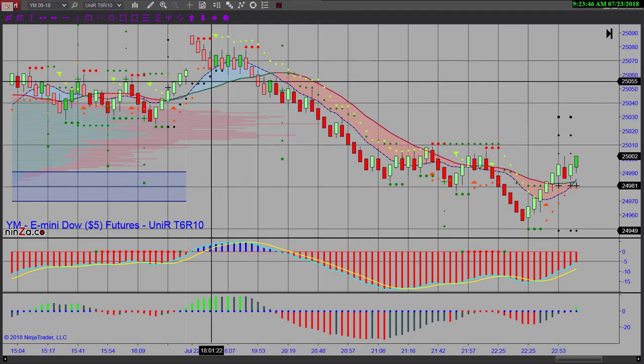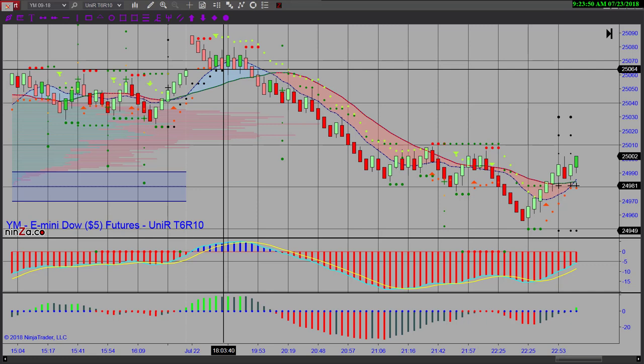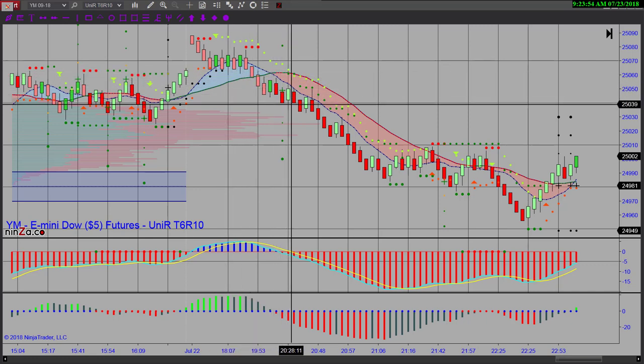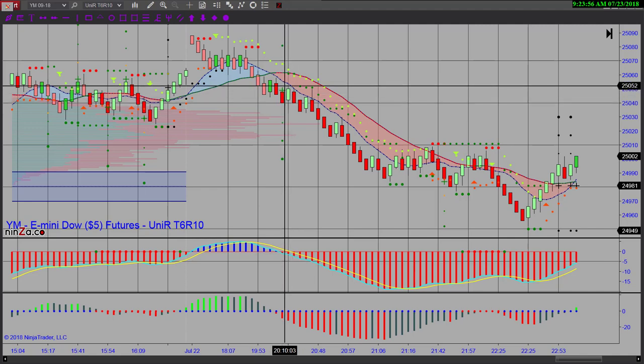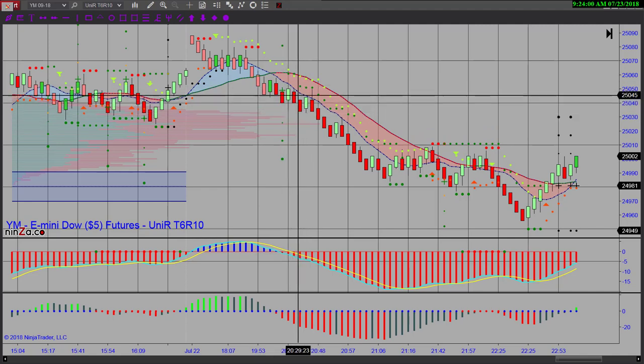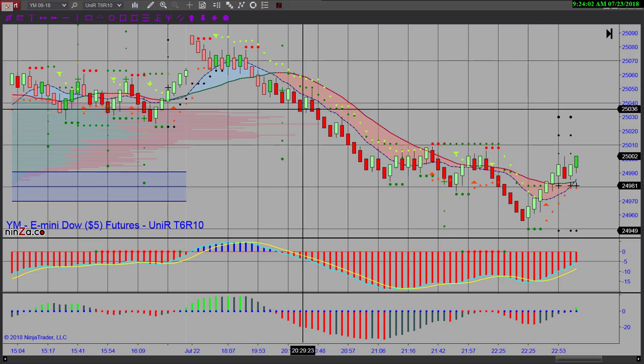You can see that this was a very sharp move up because it was a gap up on Sunday night, but immediately gave it up. And as we got established in this downtrend, somewhere in the middle here was an ideal short.